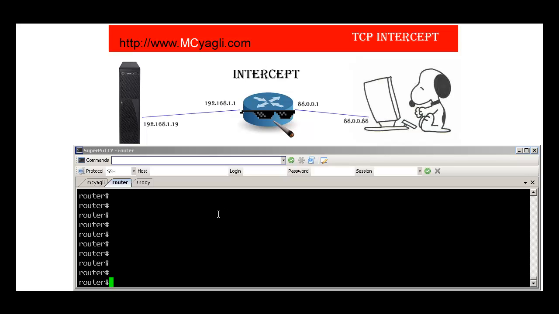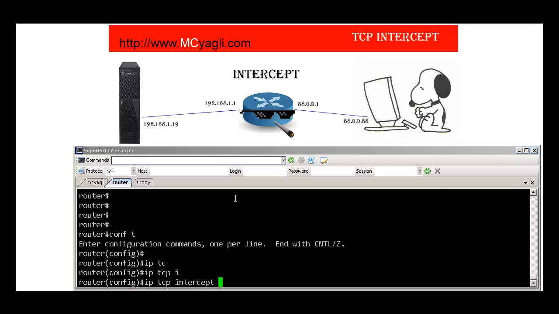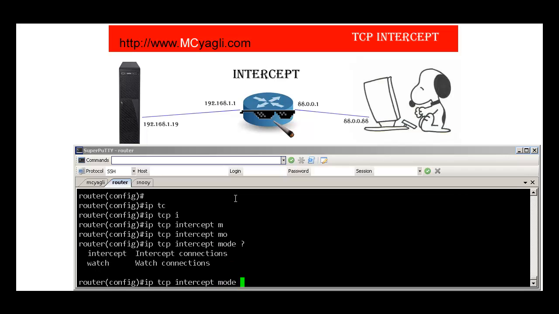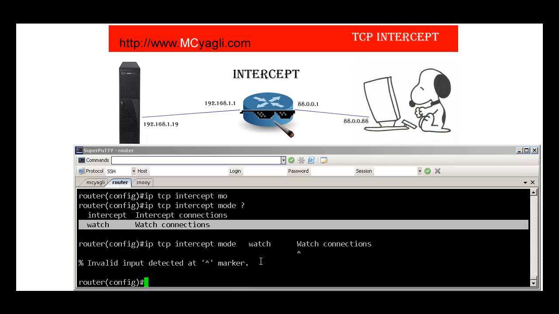Step 1 is this: I need to enable TCP Intercept mode, because I will be using intercept mode here. So what I'm going to do is ip tcp intercept mode, and when I type the question mark, I see 2 options, and I'll go for the first one, intercept mode.